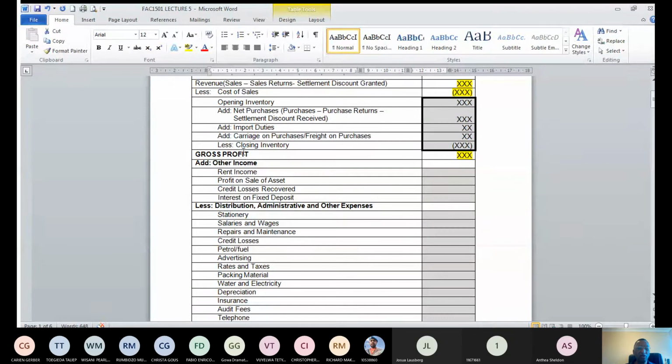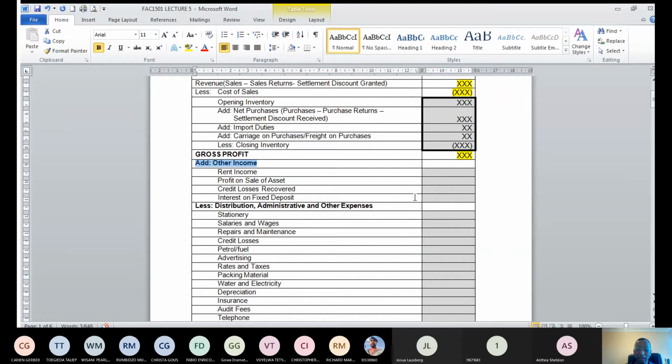After your gross profit, you've got a heading called other income. Under your other income, remember we are working with our nominal accounts. Look for all the nominal accounts with credit balances, that will reflect your income accounts.